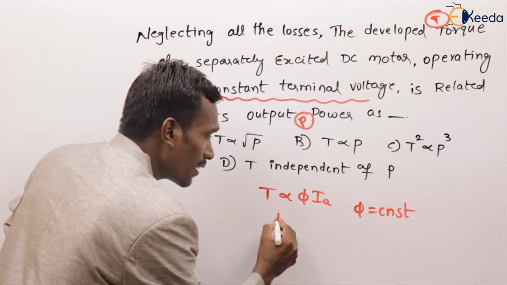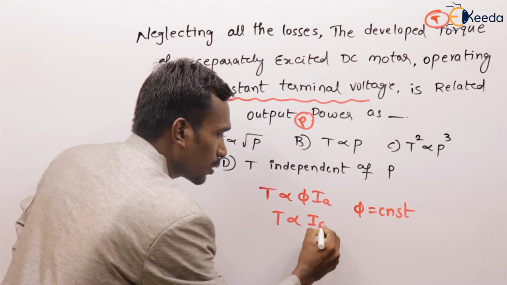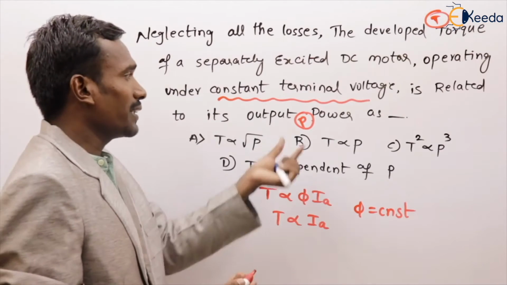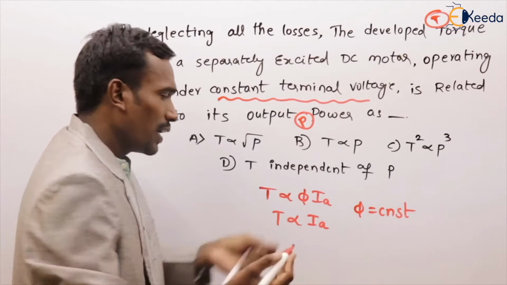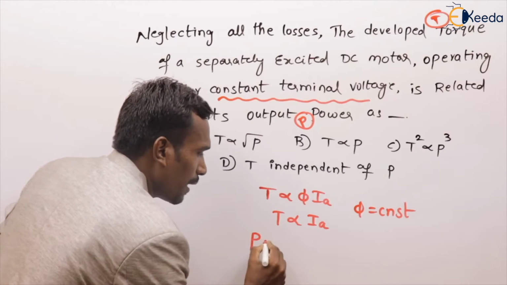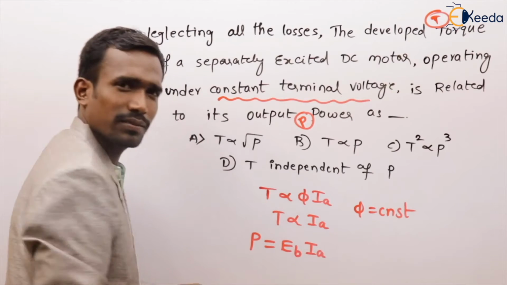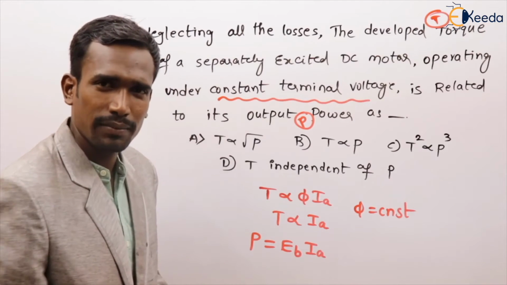So the torque is directly proportional to Ia. And the power in our DC machine is nothing but EB into Ia.